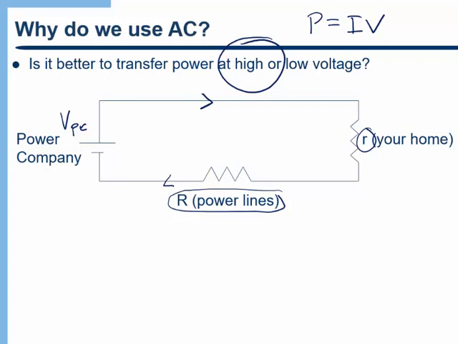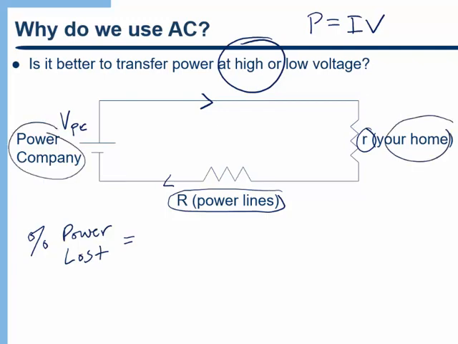What I want to figure out is what percent of power do we lose? So what's the percent of power lost as we send our power from the power company to your home?